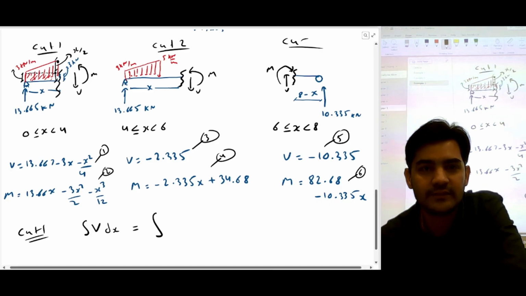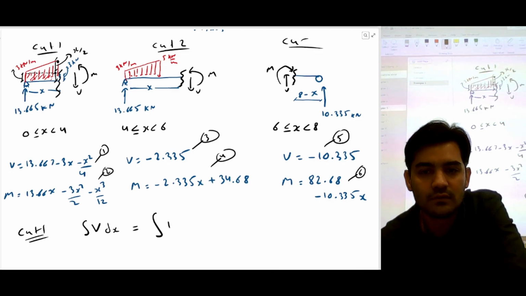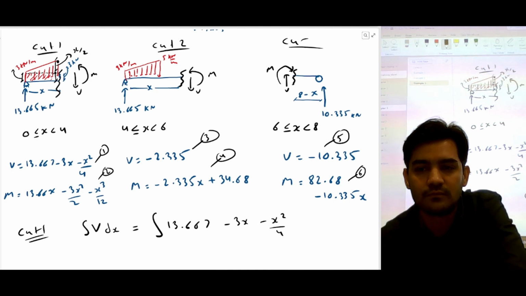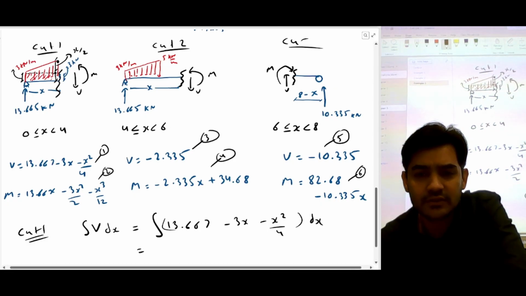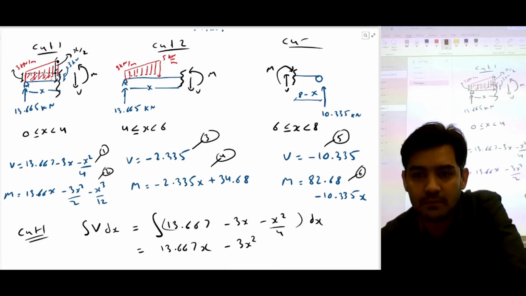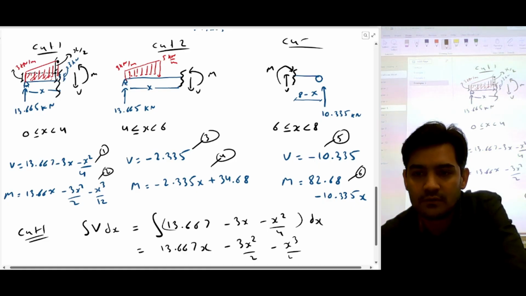So the V is 13.667 minus 3x minus x squared by 4, dx. So if you do the integration, you're going to get 13.667x minus 3x squared by 2 minus x cubed by 3.